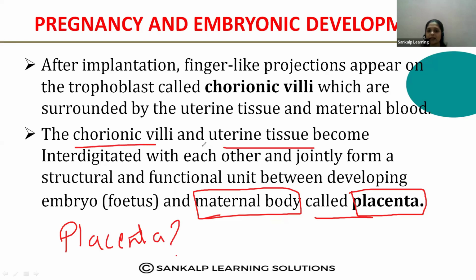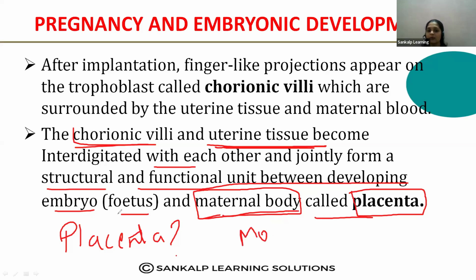Chorionic villi are the finger-like projections formed around the trophoblast layer. Chorionic villi and uterine tissue become interdigitated with each other and jointly form a structural and functional unit between the developing embryo, that is the fetus, and the maternal body, that is the mother's body.